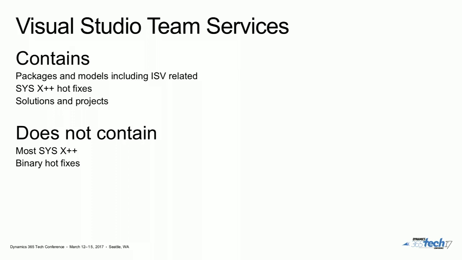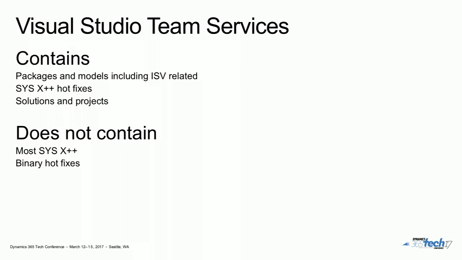Now I'm going to kind of keep it simple, but there's a couple of sessions listed that are related, and they're going to talk a lot about ISV solutions and getting them in version control and stuff. But the short answer is that you put that stuff in version control for consistency so that it's on all your dev environments.